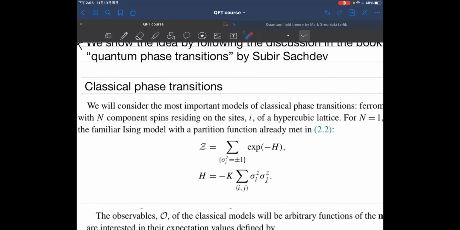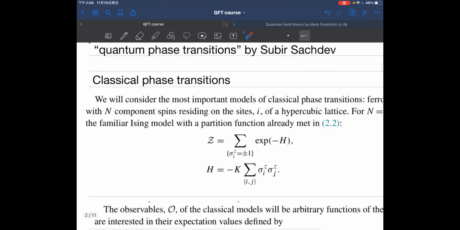For example, for a spin in 3 dimensions, classically it is a continuous unit vector, but for the quantum case, it is a vector of 3 Pauli matrices. So this is the difference. You can also think that for the classical phase transition, H is not a matrix, or it is a diagonal matrix.